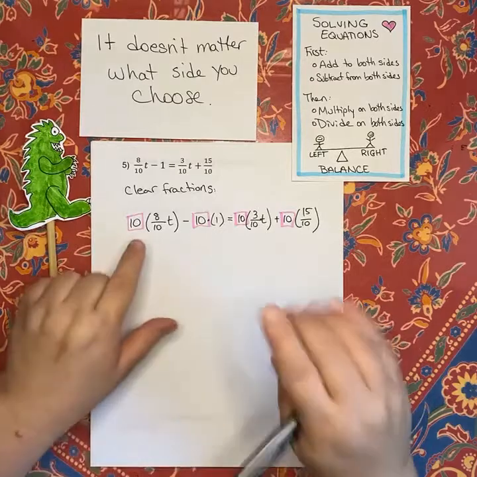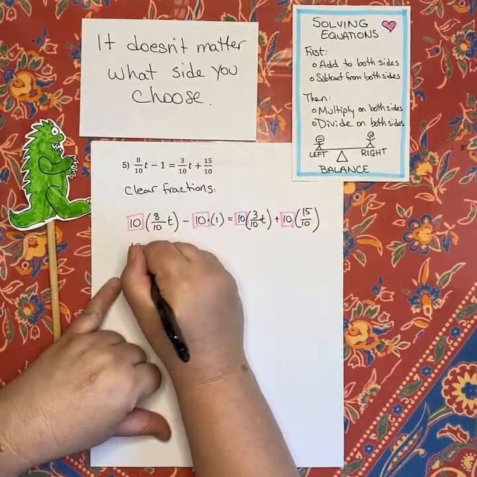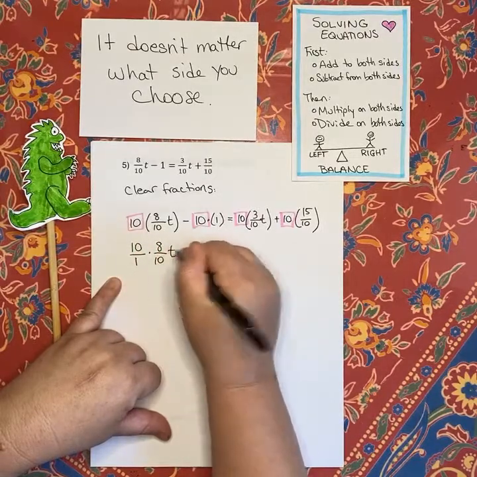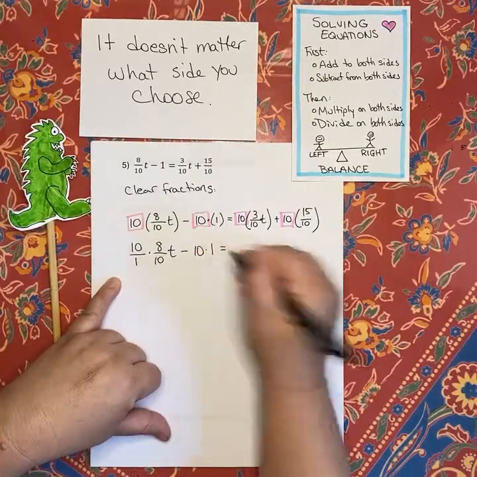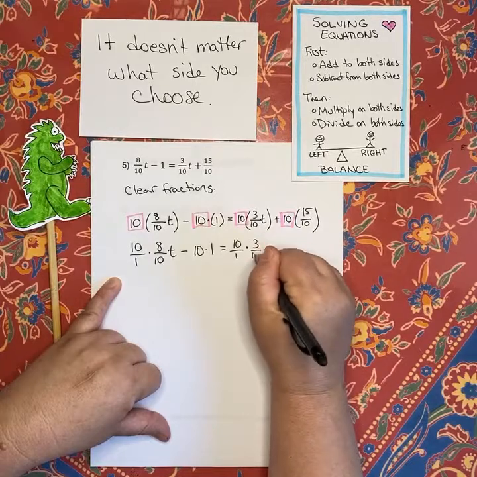So with these three terms, I'm going to rewrite my 10 as 10 over 1. Now I'm going to leave this one because 10 times 1 is not hard to work out in my head. But for fractions, I'm going to write things in fraction terms.